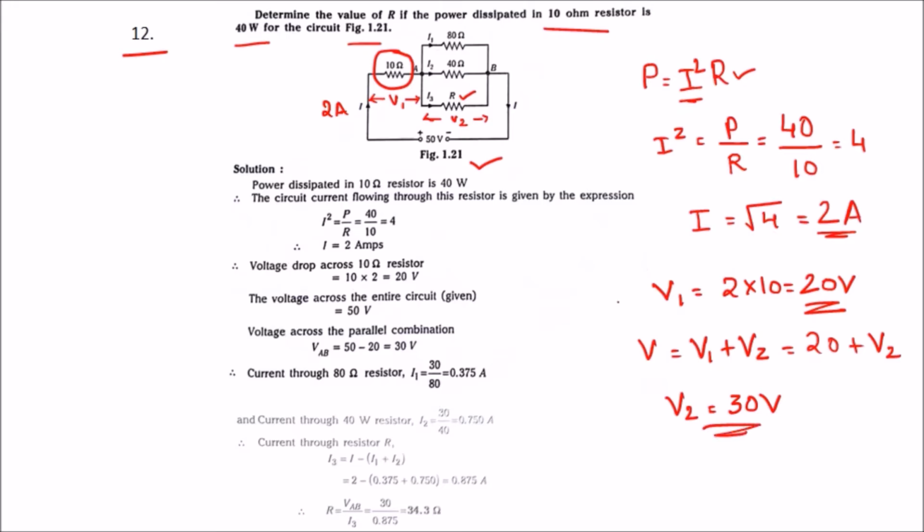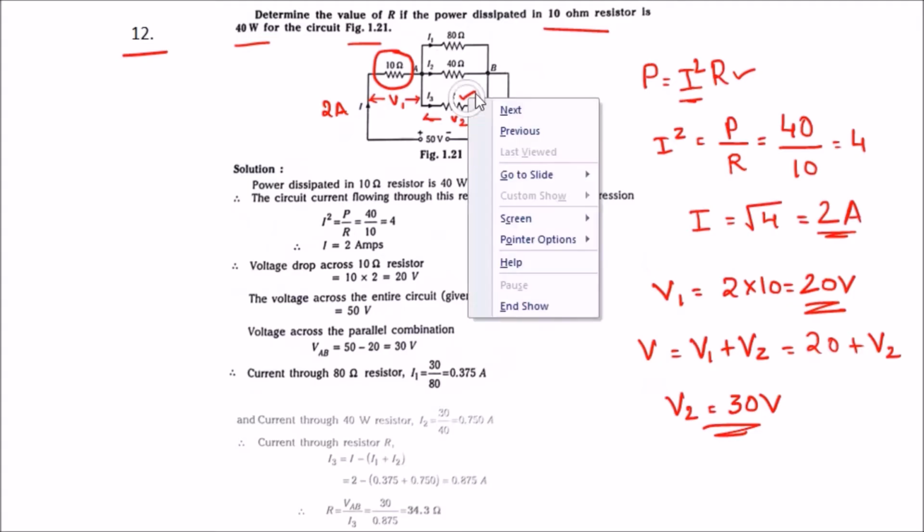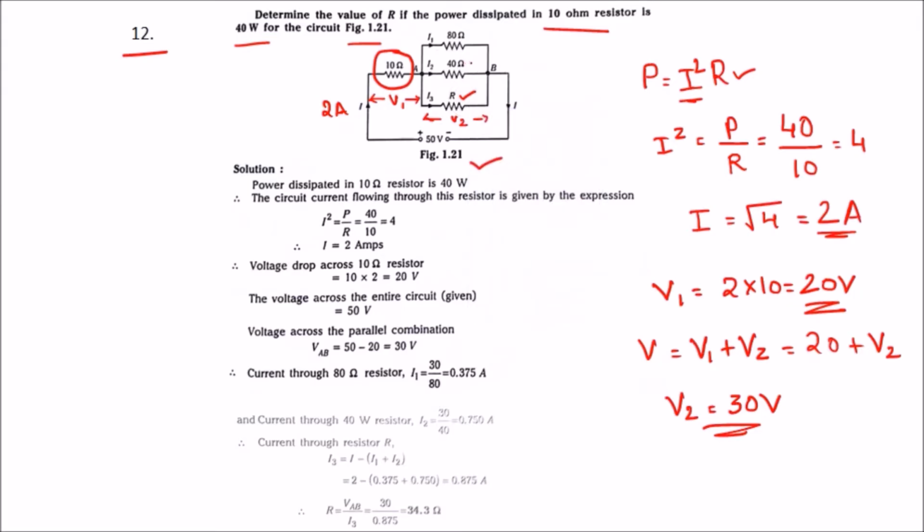So if resistances are in parallel, then the voltage across each resistance will be equal. Therefore the voltage across R will be 30, the voltage across 40 ohms will be 30, the voltage across 80 ohms will be 30. So by this we can easily find out the values of I1, I2 and I3. We know the starting formula is I is equal to I1 plus I2 plus I3.